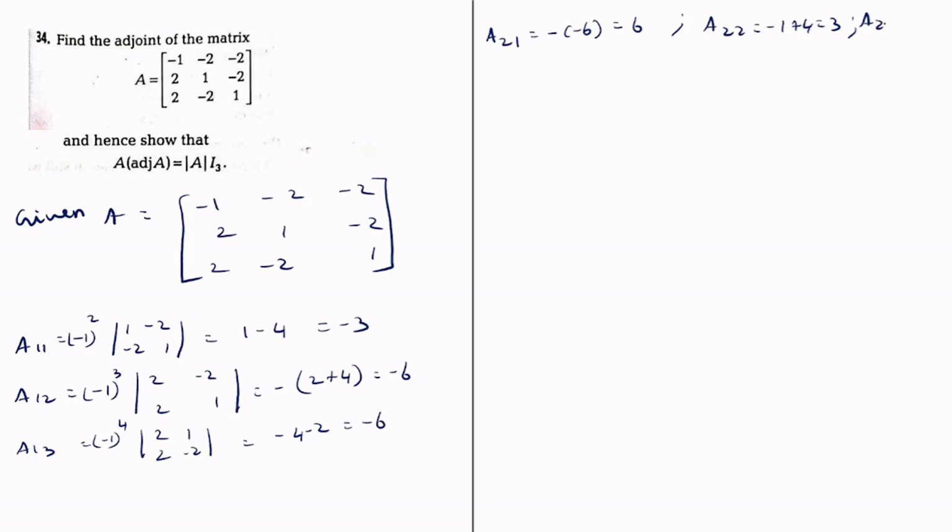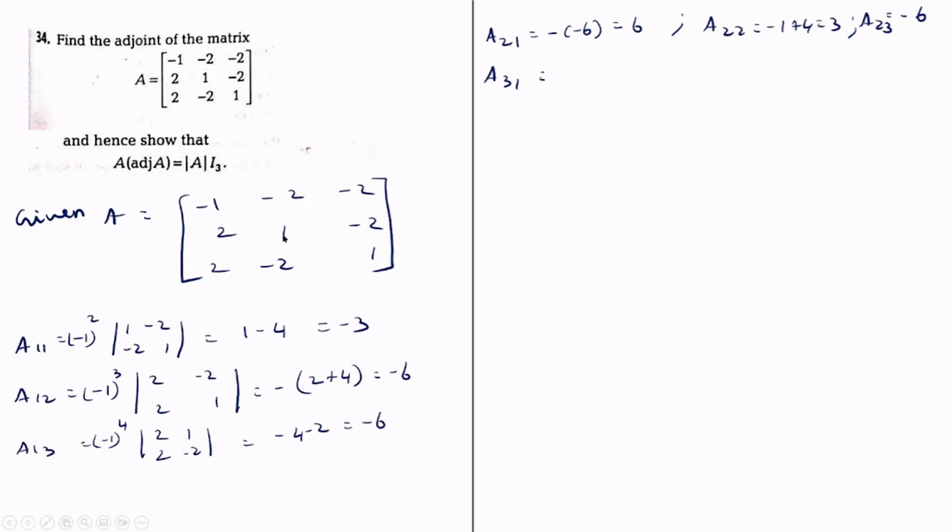Next we have A23, it is minus of, we have to delete the second row and the third column and then find the determinant. So it is 2 plus 4. So this is minus 6. And next we have A31. A31, delete the third row and first column, it is minus 1, the whole raised to 4, it is positive.